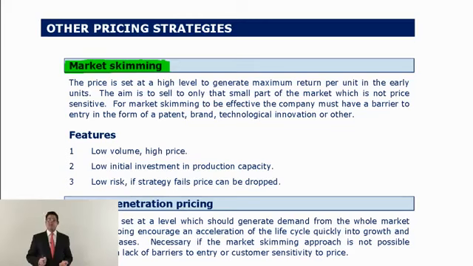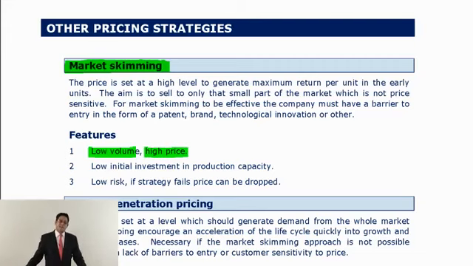a higher price. Some of the features you can see here: generally low volume because the price is very high. Not everybody wants to spend this money. Whenever the price is high, demand or volume is generally low. Low initial investment in production capacity because we are producing lower volumes, so we don't need too much capacity to start with.